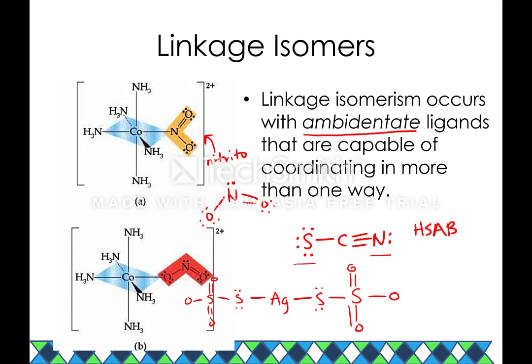But in this example over here with cobalt, the nitrogen and the oxygen are both hard. So you'll often have these 2 linkage isomers where it could bind from either the oxygen or the nitrogen. Again, linkage isomerism happens with ambidentate ligands that can coordinate, or essentially link, to the metal in different ways.